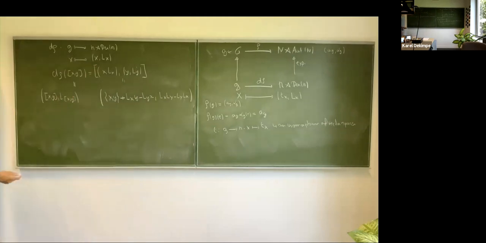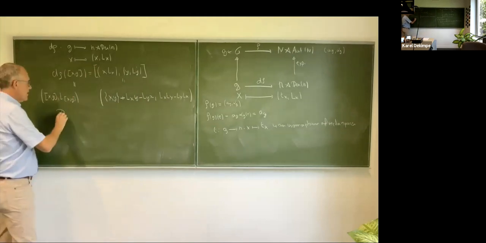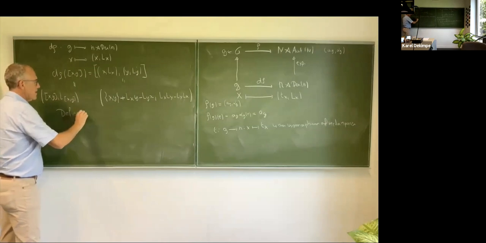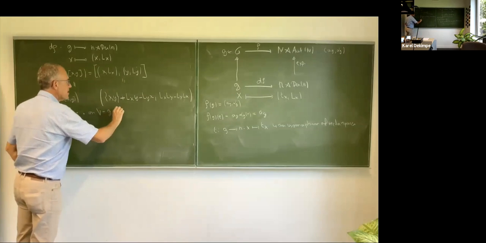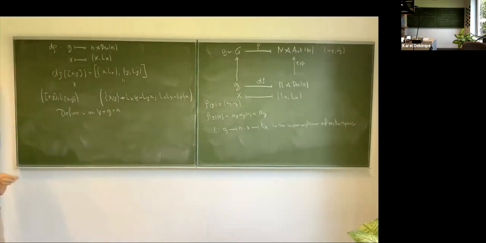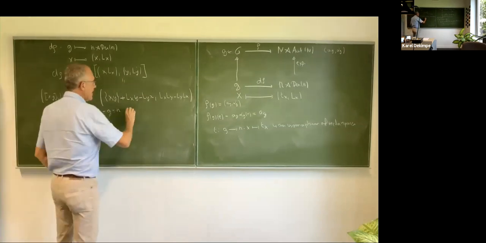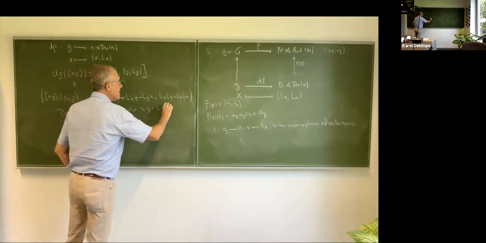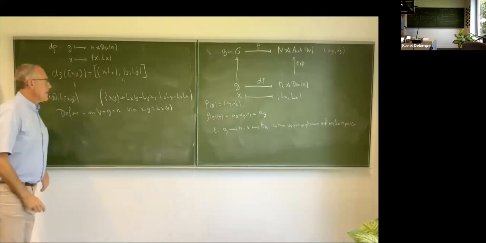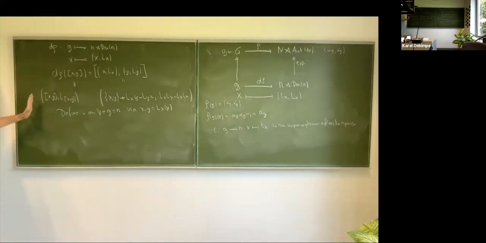And now again, we define a dot on the vector space V, which is G and N as vector space, via x dot y is L of x y, and then we can express what it means for this map to be a Lie morphism, the algebra morphism.